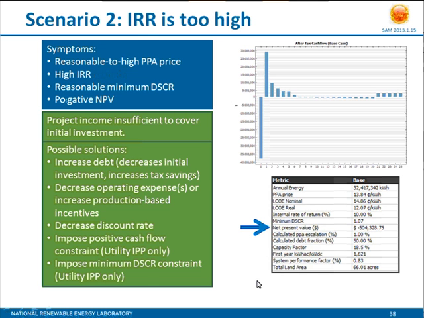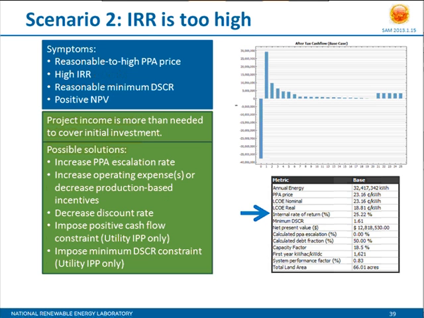Okay, and a second scenario is that the IRR is too high. So here, again, we've got a reasonable PPA price. It's a little high here. The debt service coverage ratio, again, is a little high, but reasonable, and we've got a solid positive net present value.